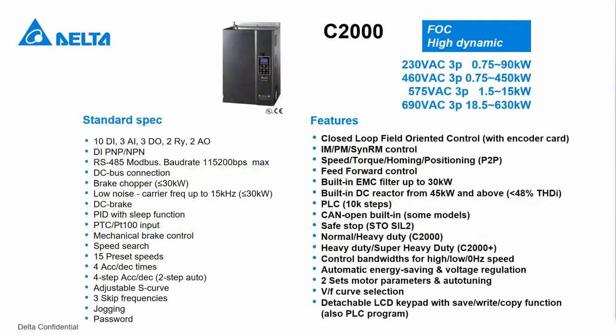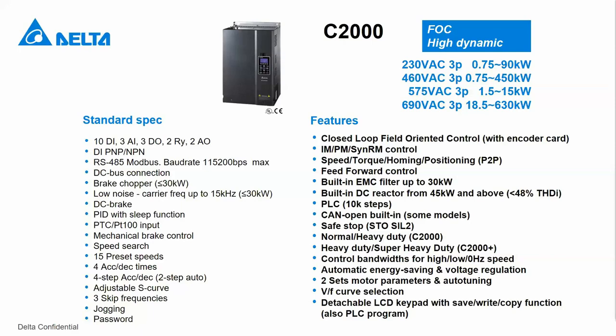Then I'll move on to the C2000. This is the high performance drive, which does support closed loop field-oriented control. You have a number of functions to control induction motors or permanent magnet motors in positioning mode or in torque mode, and you can also control synchronous reluctance motors in sensorless mode. It does come with a keypad which can save parameters and PLC programs.